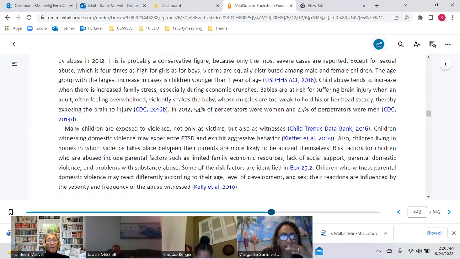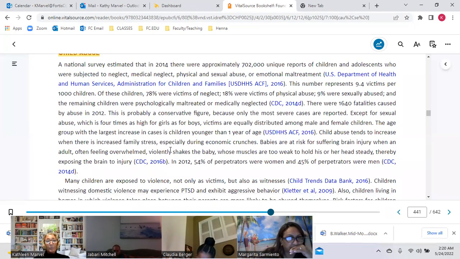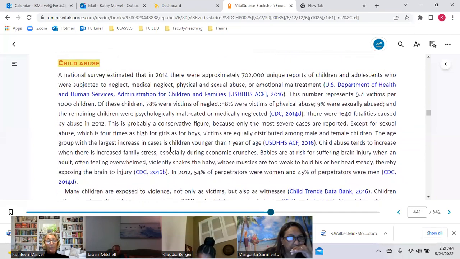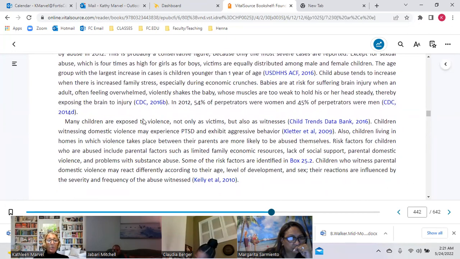Child abuse, you have to be able to recognize it. Many kids are exposed to violence not only as victims, but also as witnesses. Kids witness domestic violence. Kids that do witness domestic violence may experience PTSD and maybe themselves exhibit aggressive behavior.